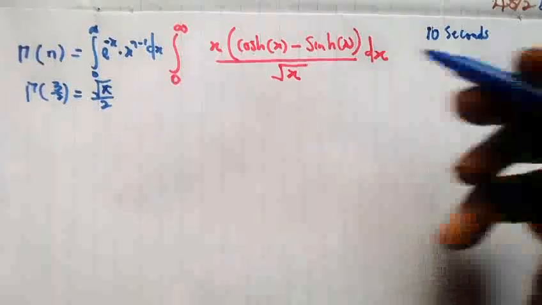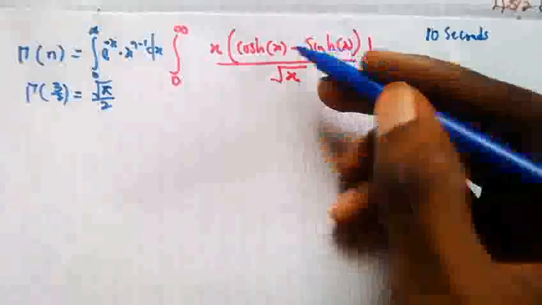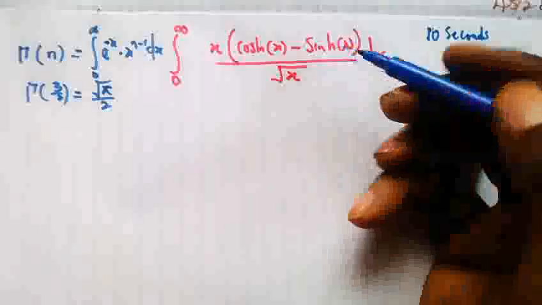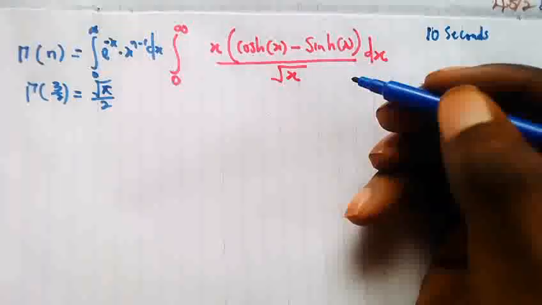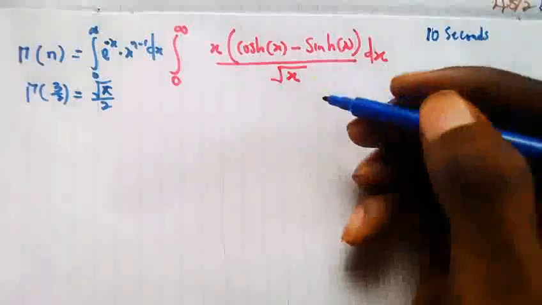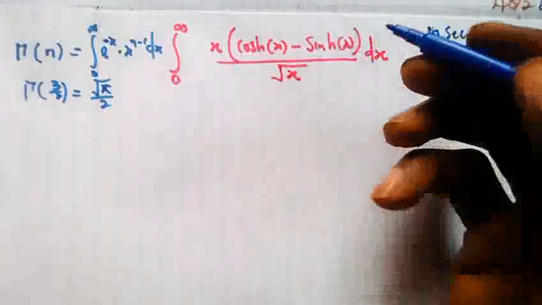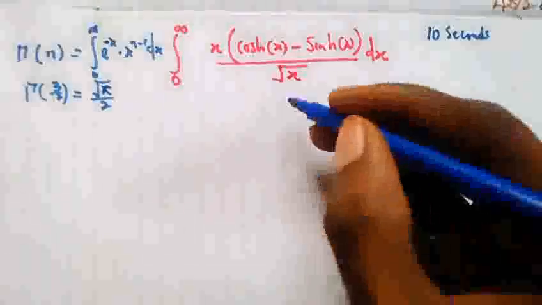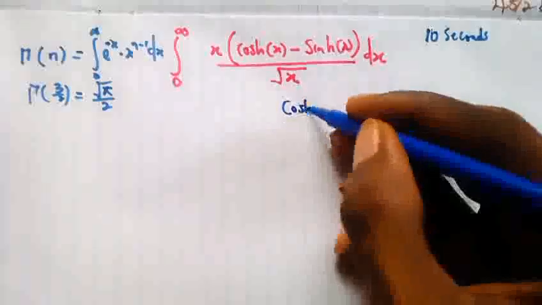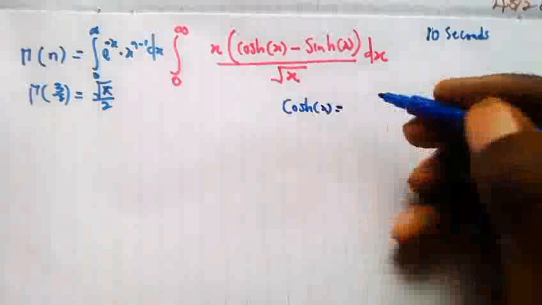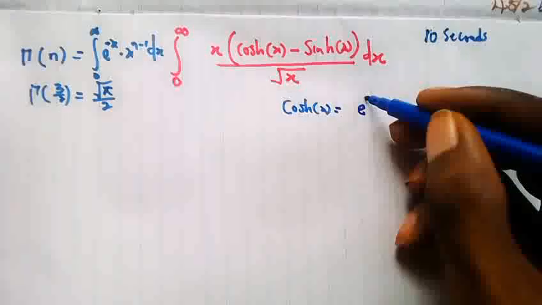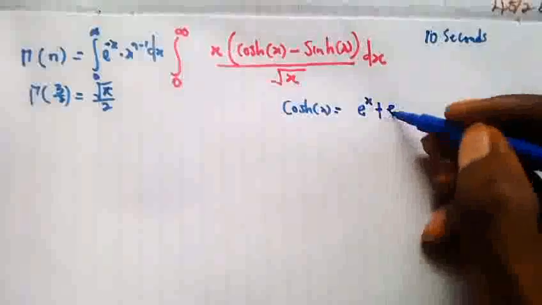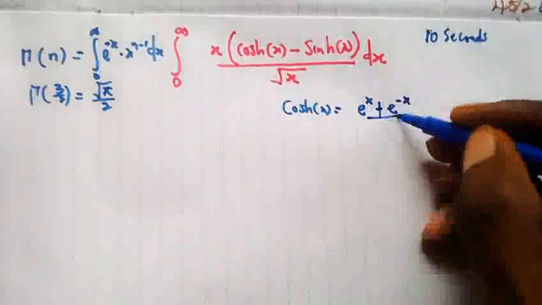Let us try to manipulate these two hyperbolic functions by writing them in exponential form. What do I mean? We all know that the hyperbolic cosine function of x is equal to e raised to x plus e raised to negative x, all over 2.